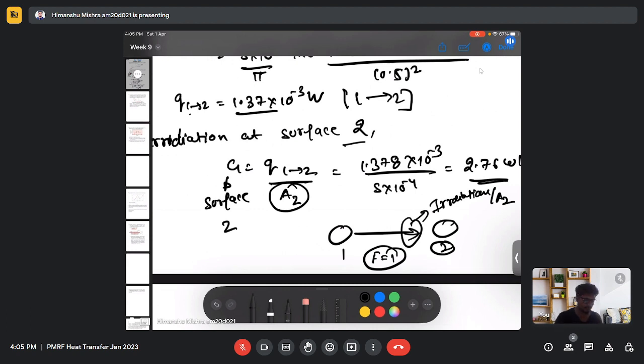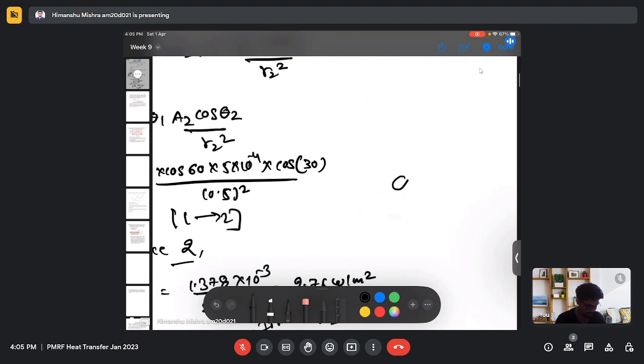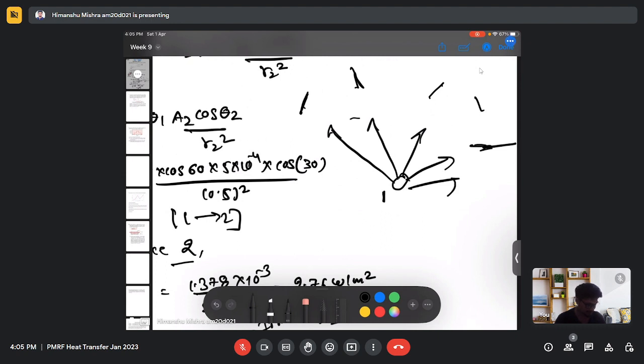But based on the orientation, let's say my surface 1 is here and there are different orientations, and it emits the radiation in all directions. So this emission is actually Q1, and there are N different surfaces. Now the way N1, N2, N3 and N4, these surfaces receive the heat depends upon the view factor.